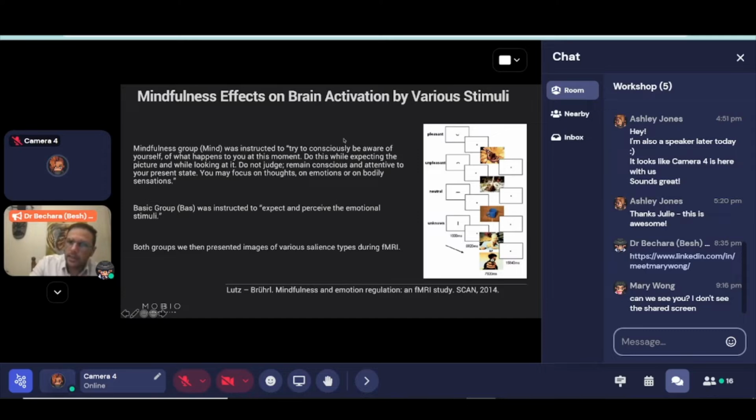All right. Now, the way that they show the stimuli is actually first with a cue. So they prime the participants before they show the picture. And they give this little happy face if it's going to be pleasant.